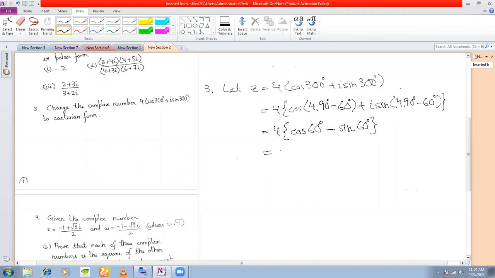Now you can put the values. Cos 60 is half, and sine 60 is root 3 by 2. There's an i here.